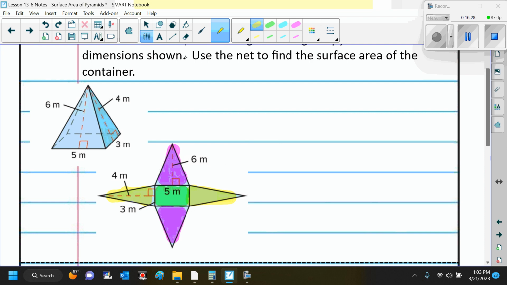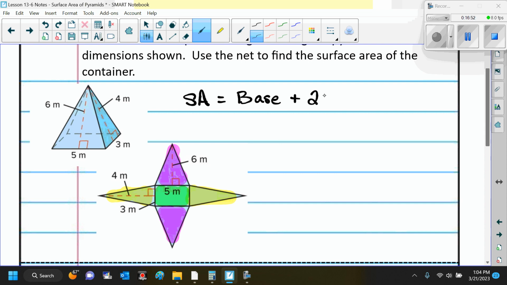Okay? So let's start with writing down what we're going to use to get our surface area. So we want the base, and then we're going to add 2 of the triangles, okay?